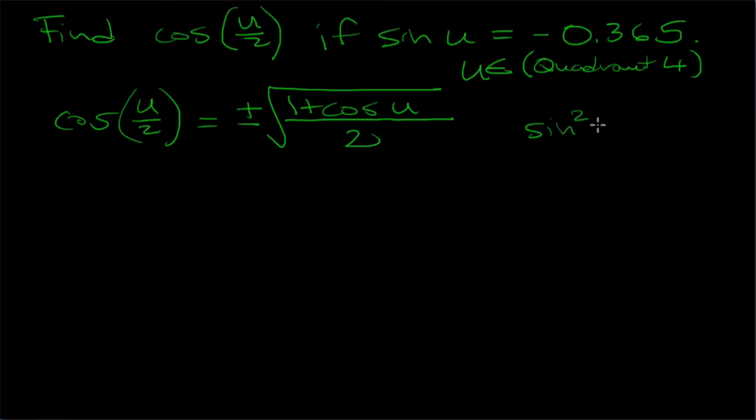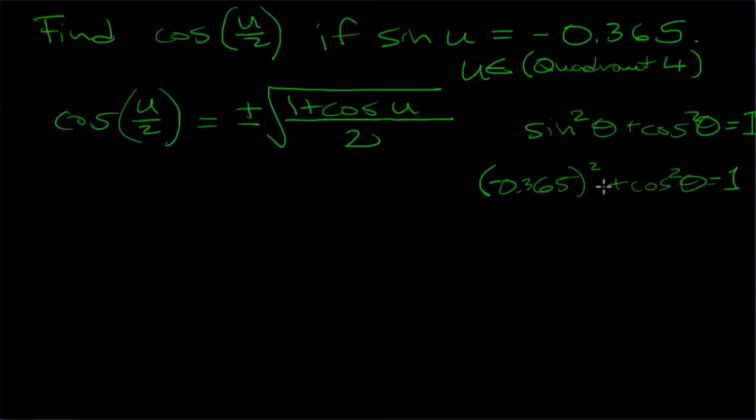Sine squared of theta plus cosine squared of theta is always equal to 1. So then what I need to do is plug in what I know here. Sine, I know. So I would have negative 0.365 squared plus cosine squared equals 1.